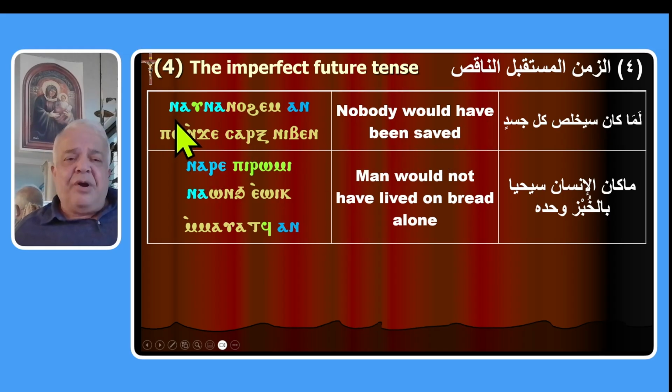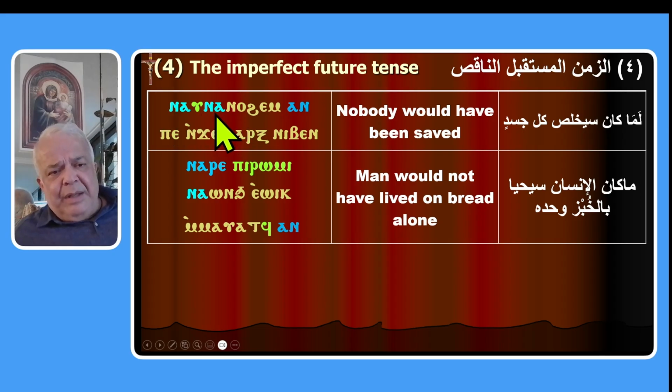So let's say it in Coptic. Na, that's a past continuous. Them, males and females. Na, for future. So nobody would, nohem, saved, an, would have been saved.